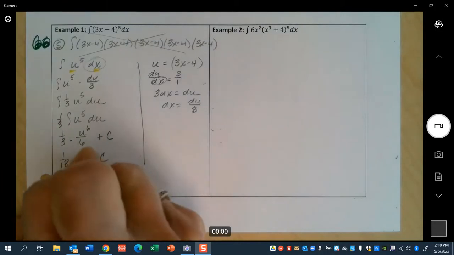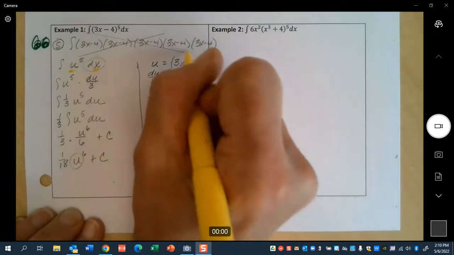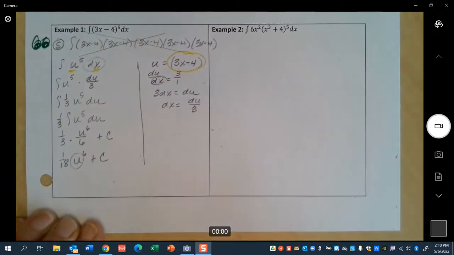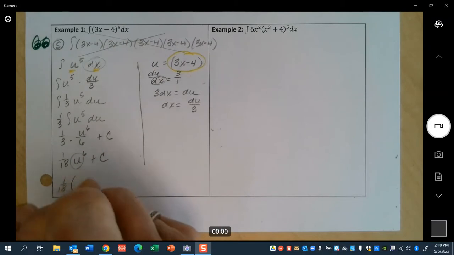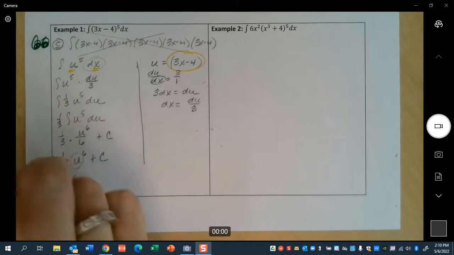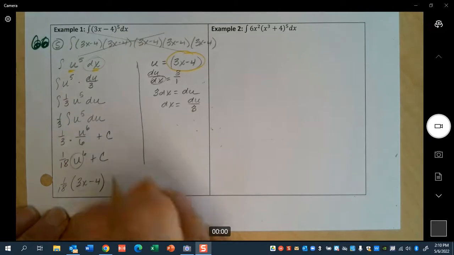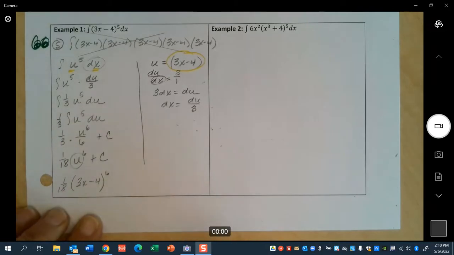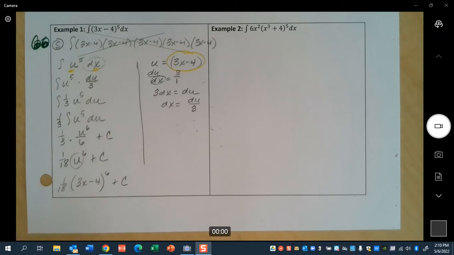So now I'm going to go back and get what I said u was equal to. And I'm going to say that 1/18 of 3x minus 4 to the 6th power plus c is my integral.